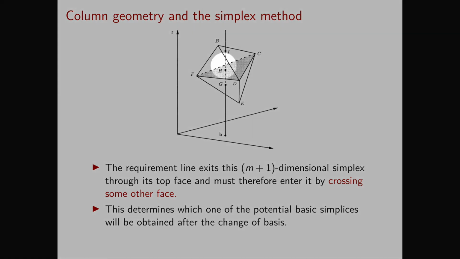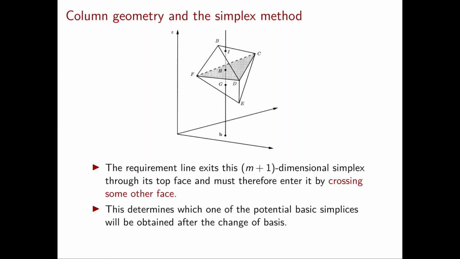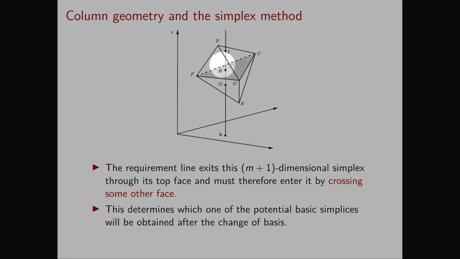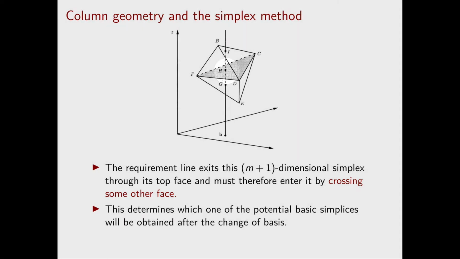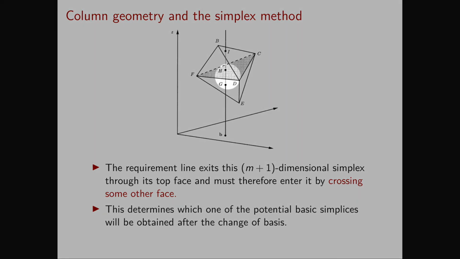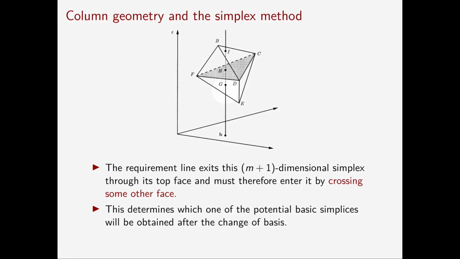In fact, we know that it exits this simplex through its top face, which is the m-dimensional simplex corresponding to the basis before the change of basis. Therefore, the requirement line should also enter this m+1 dimensional simplex through another face. This face is one of the m-dimensional simplices that can be obtained after the change of basis.